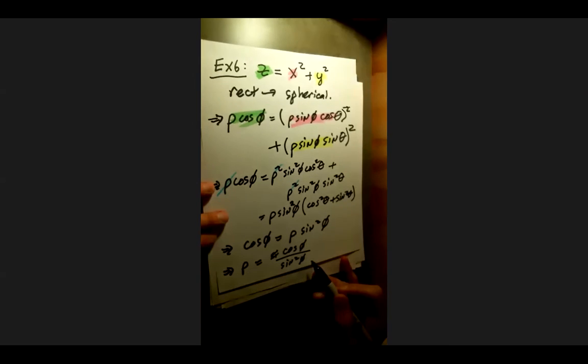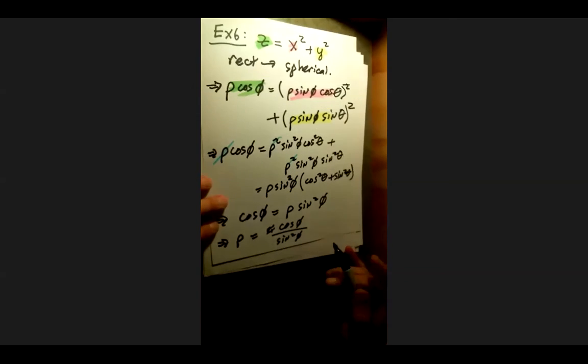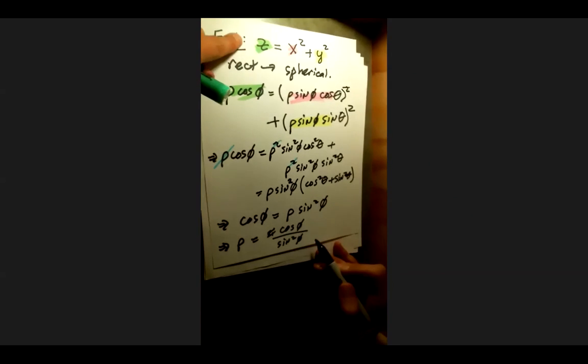Of course, we could do lots of trig identities on this and rewrite it in various other ways if we so chose. But the original question was to take this equation of this paraboloid and rewrite it in spherical coordinates. And sure enough, we've been able to write it in spherical coordinates.